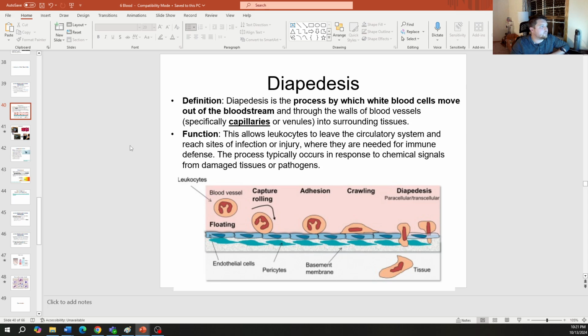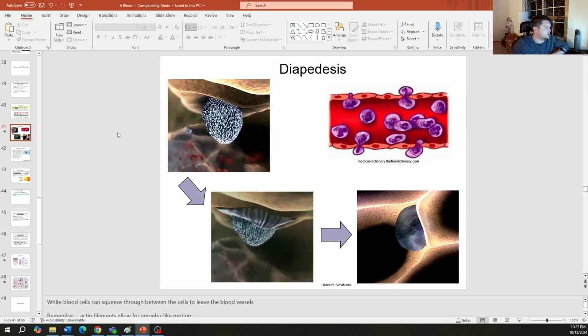Okay? That is what we need to know about diapedesis at this point. In the future, we'll learn all of the different components of it, but for now, just this. I'm going to highlight that's what we need to know right now. Now the little picture shows all this going through.